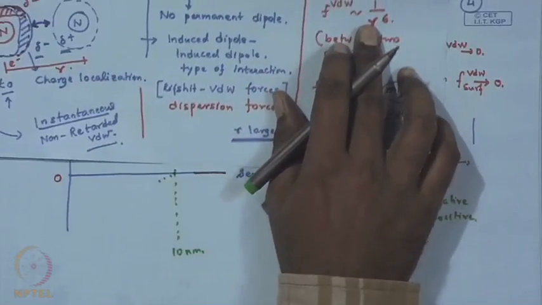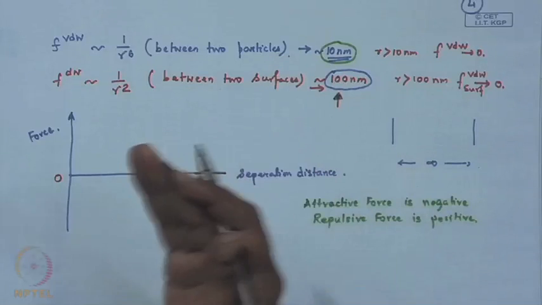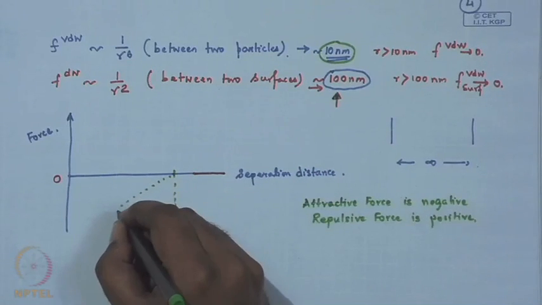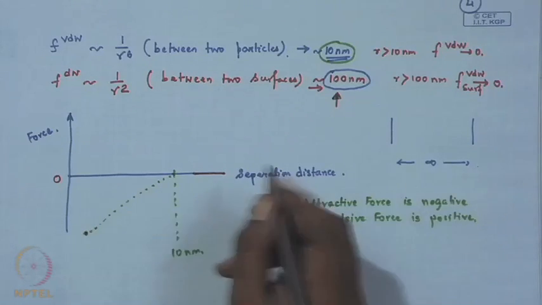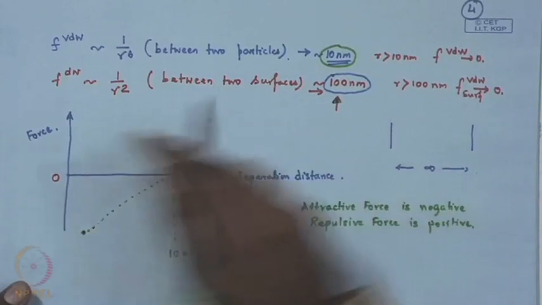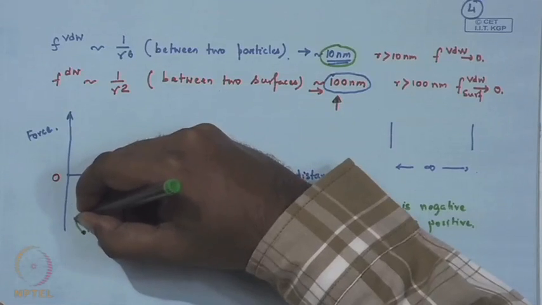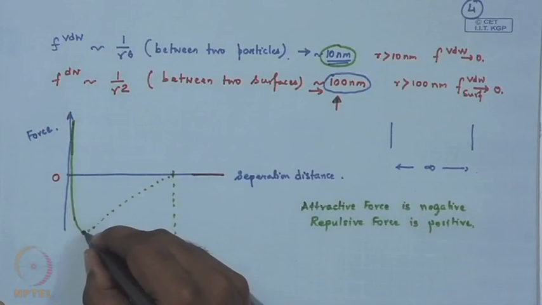You also have a scaling of 1 by r to the power 6, and as r progressively reduces, the interaction force increases. So, you get a curve like this till you hit this point where, if you look at the potential curve, you see a sharp increase, all the way down to the repulsive regime.